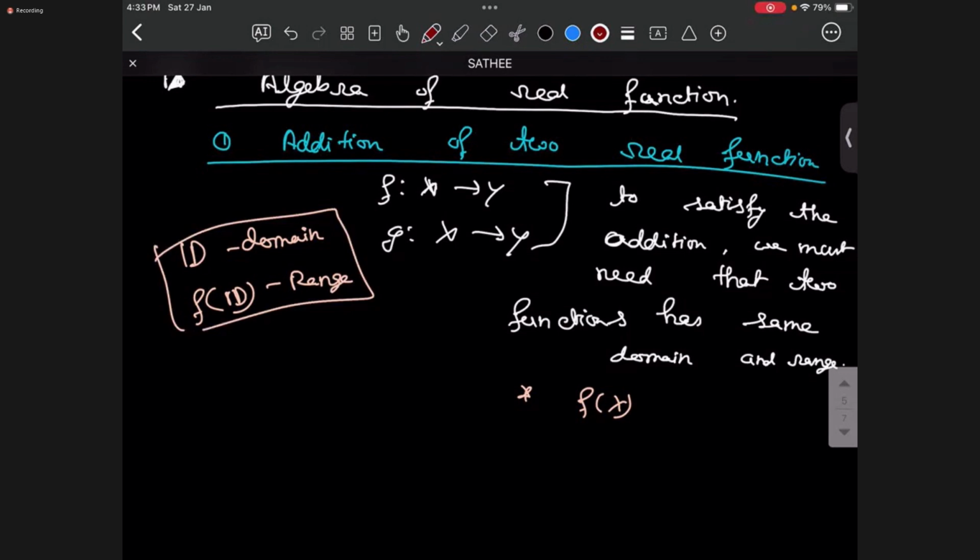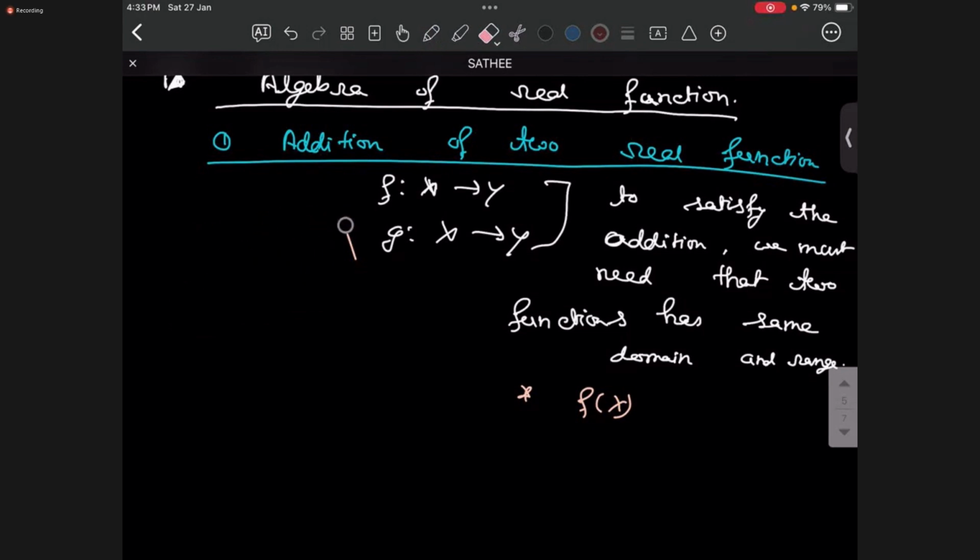So we need f(x) and g(x) to have the same universal set. Then only can we have the addition of two real functions.